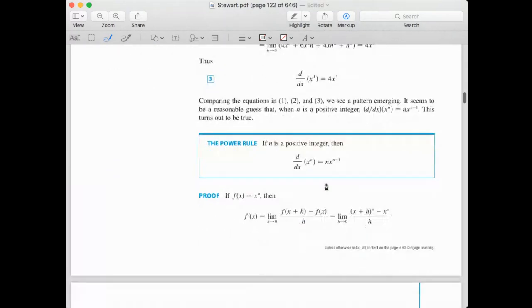So what is the trend? What's the shortcut? The shortcut is saying the derivative of any polynomial: the exponent becomes the coefficient. So the exponents become the coefficients in the derivative function, and the degree is reduced by 1.